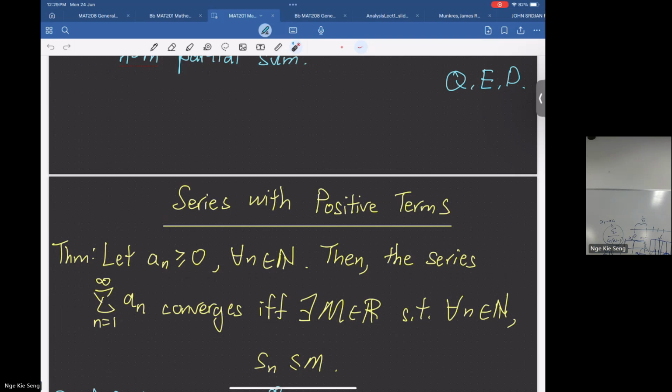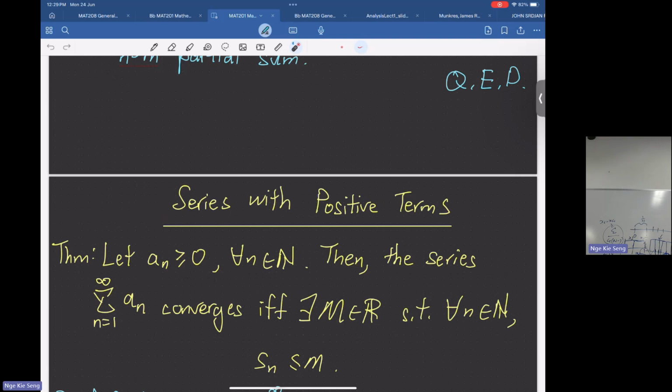Non-increasing means going down, correct. But what is the n-th partial sum? You keep adding. What thing are you adding here? Positive terms.